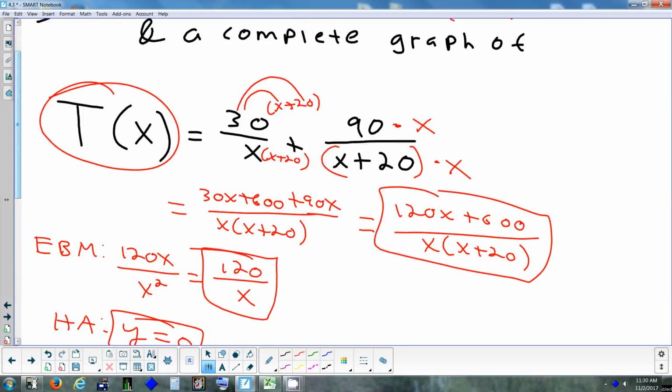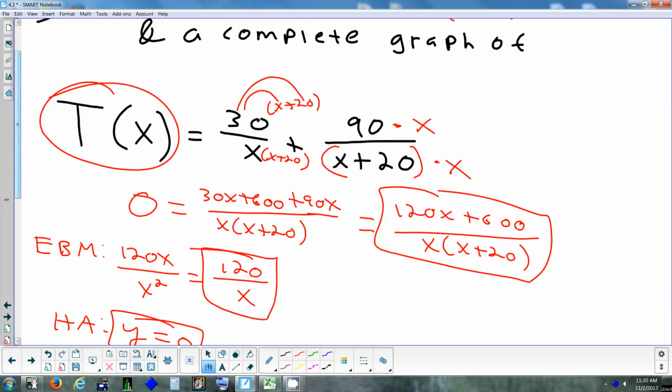Easiest way to do it would just be to use the second one we wrote. Just set that fraction equal to 0 and solve it. Now, what's the only way that a fraction can equal 0? If the denominator is 0? Careful, not the denominator. If the denominator is 0, that's a vertical asymptote. The numerator. The only way this fraction could ever equal 0 is if the top is 0.